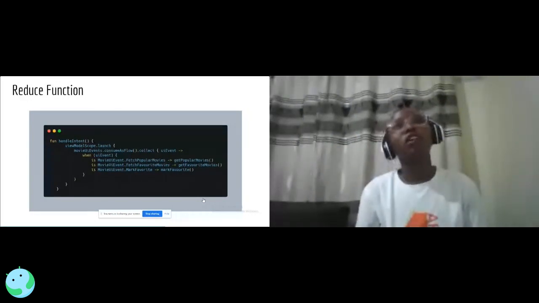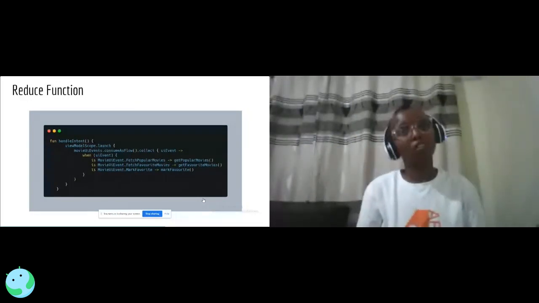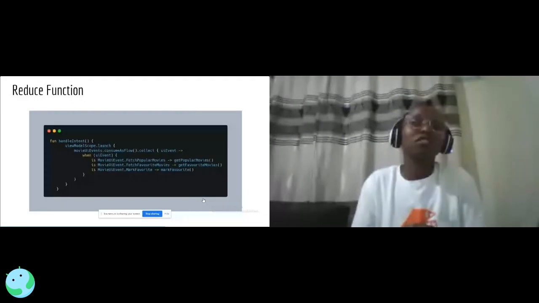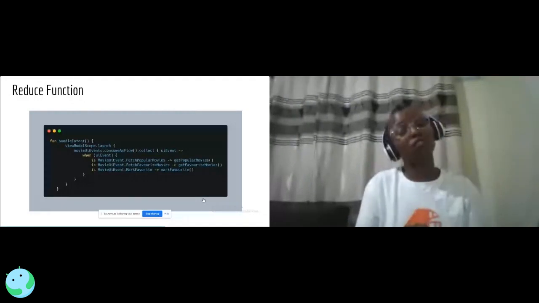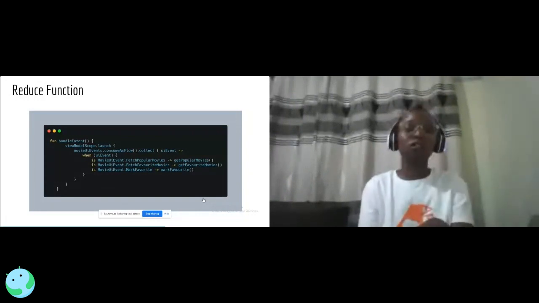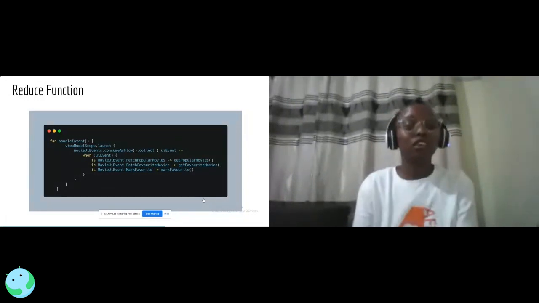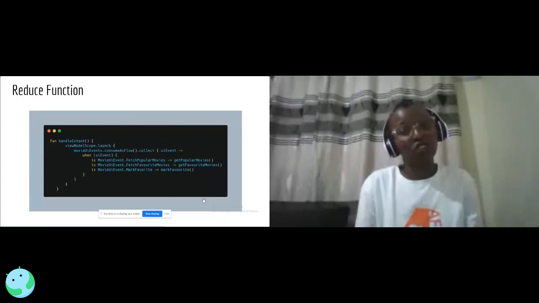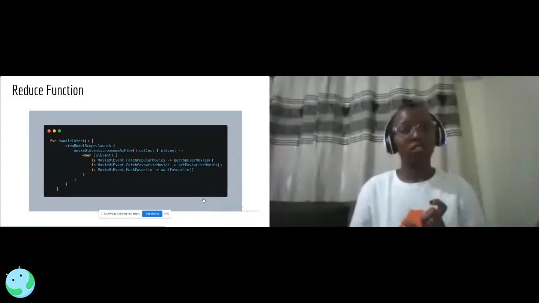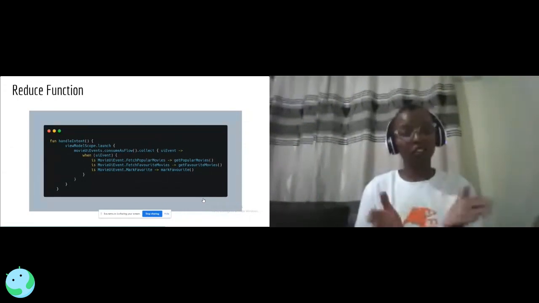The good thing about MVI is you can implement it on top of other architectural patterns. Because we're implementing it on MVVM, I can have my reduce function in the view model. It will look something like this. Remember, you have the events, and again, you can create a sealed class for them.